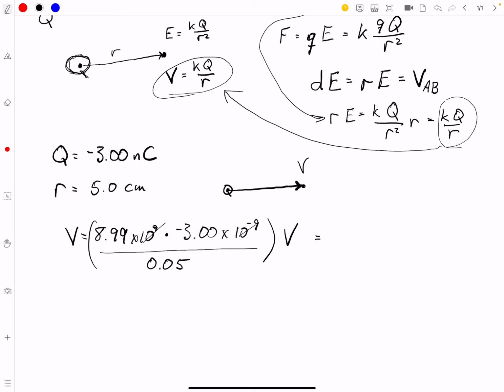We get a negative 539 volts. So our voltage is minus 539 volts. All right. That's all we need every single time. It's that easy.